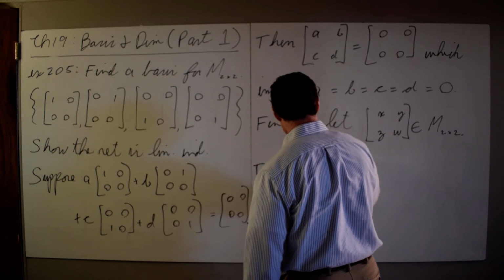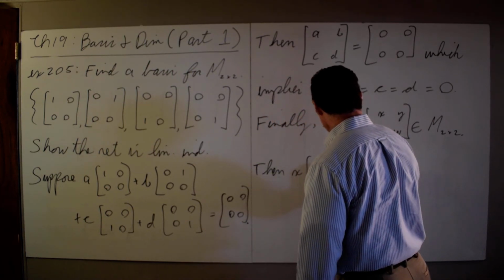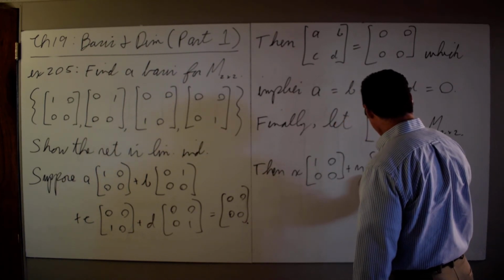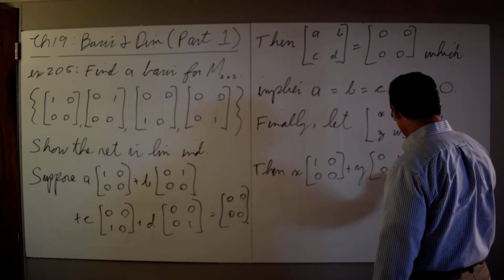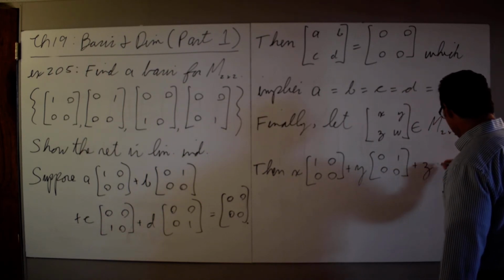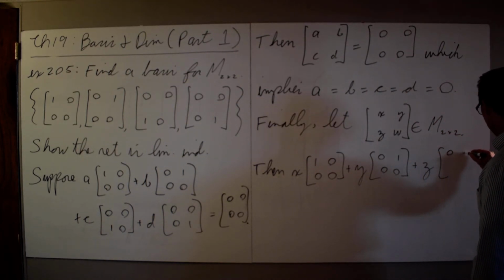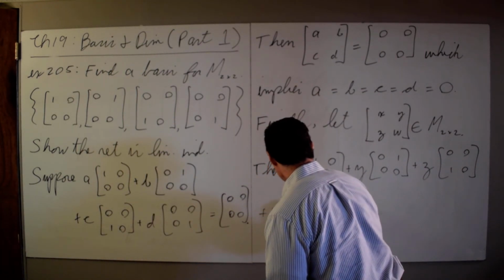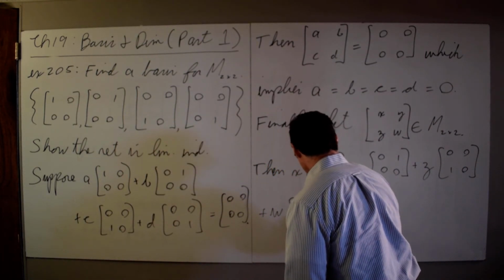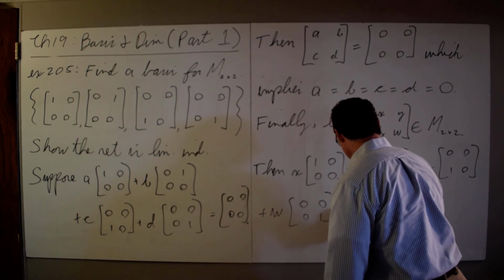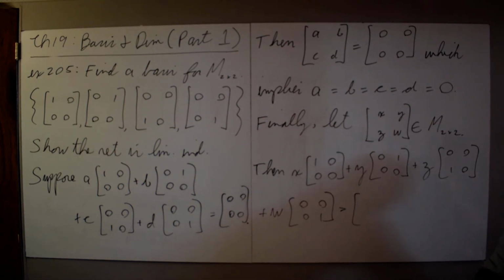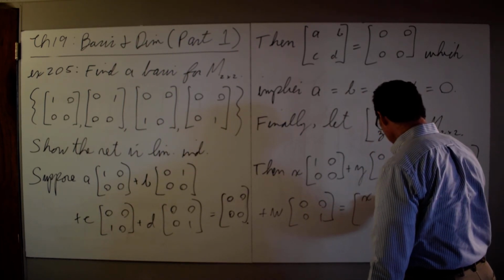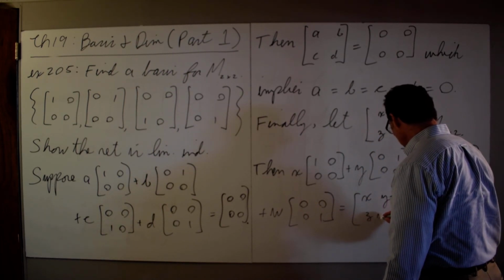Then x times the matrix 1, 0, 0, 0, plus y times the matrix 0, 1, 0, 0, plus z times the matrix 0, 0, 1, 0, plus w times the matrix 0, 0, 0, 1 is the matrix x, y, z, w.